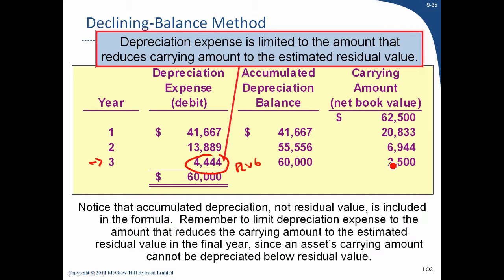What you do is you look at the residual value, and then you look at the current carrying amount, and you say, what does my depreciation expense have to be this year such that I end with a carrying value equivalent to residual value? In this case, if you book debit depreciation expense, credit accumulated depreciation for 4444, this carrying amount is going to decline from 6944 to 2500.